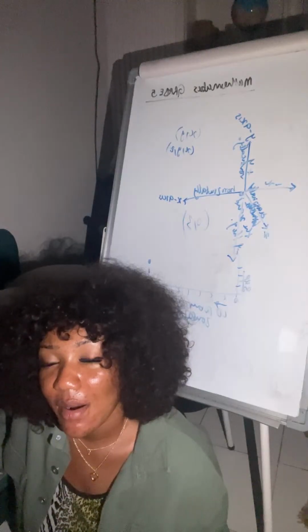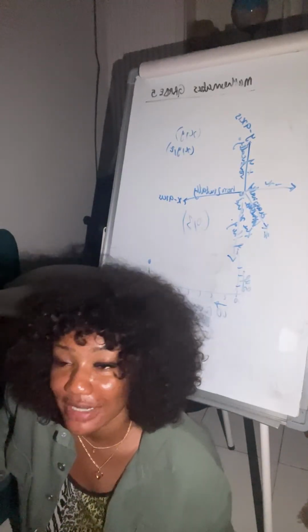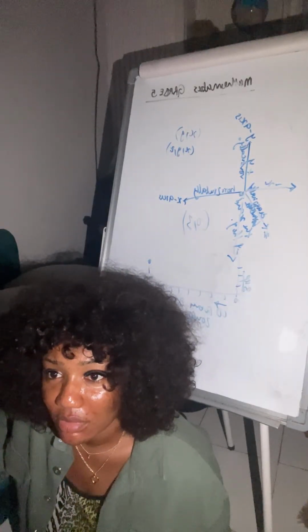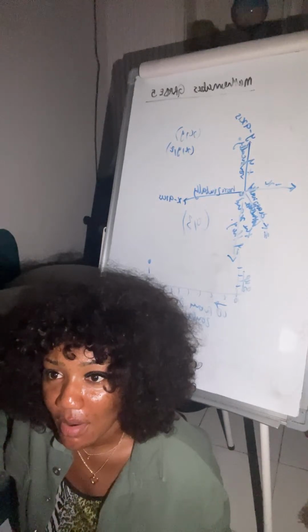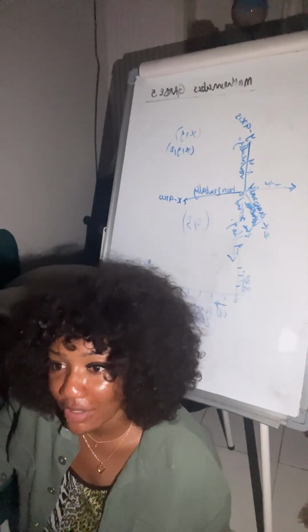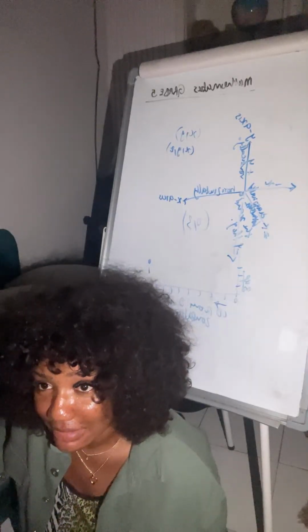Because there are two numbers that make a pair that are in order. And the other is the X and the Y, the horizontal and the vertical, right?